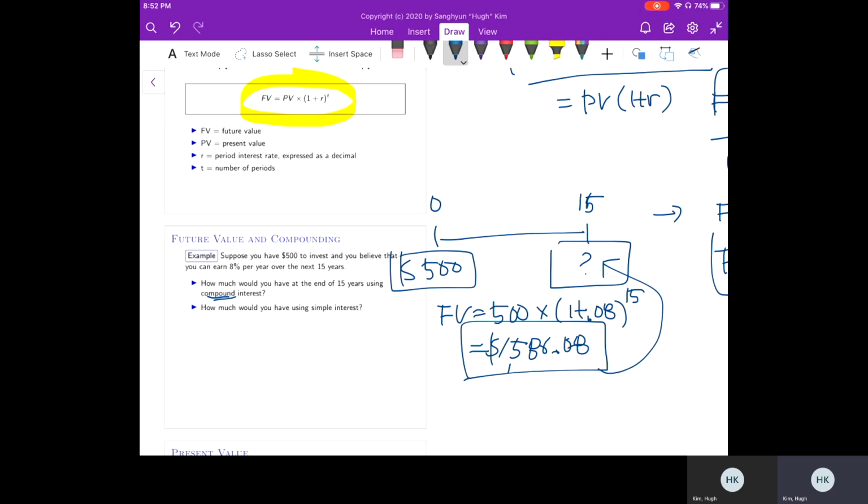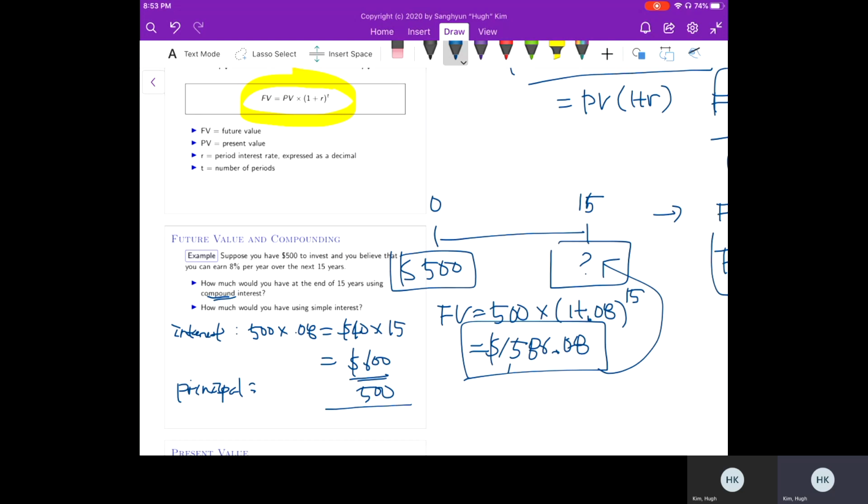How about using simple interest, where you earn interest of 500 times 8%, so that is $40. So you earn interest of $40 every year for 15 years, so that is $600. And your principal is $500.